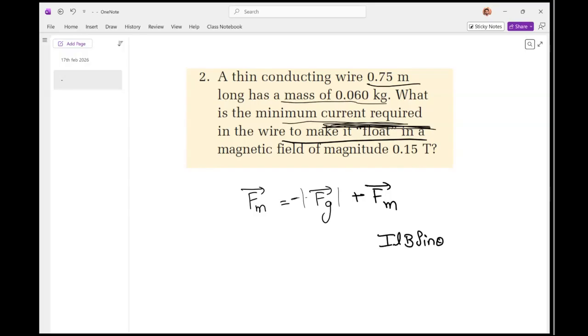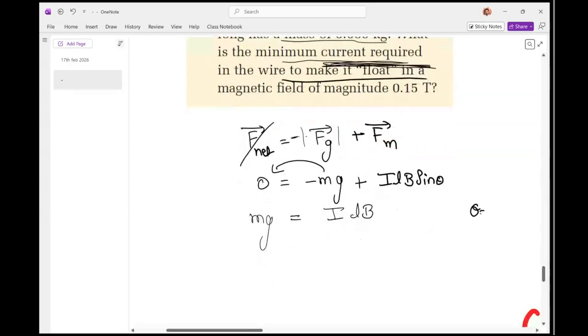If the angle is not given to us, we will put it as 90 degrees, minus mg. We want to make it float, so net force is 0, and then this is going to go on the other side. mg equals ILB, and sine theta is equal to 90 degrees, so sine theta is 1.